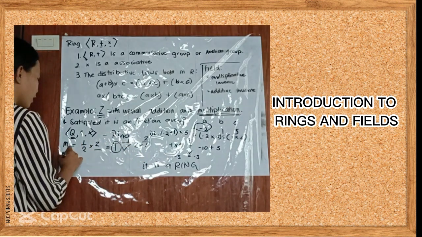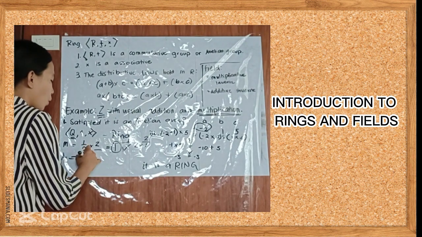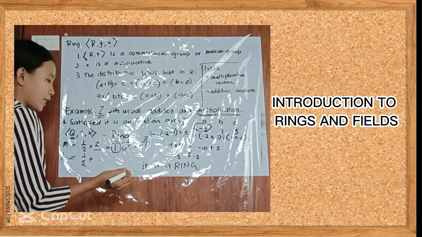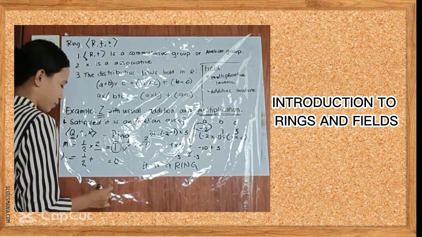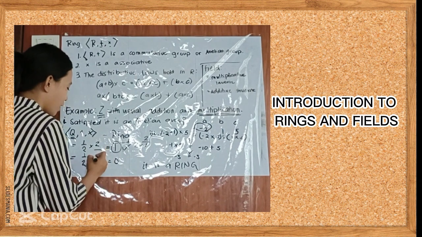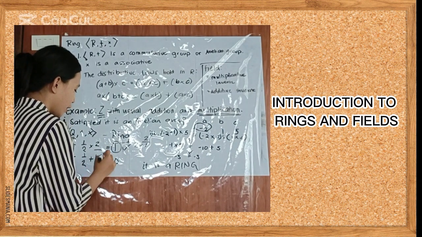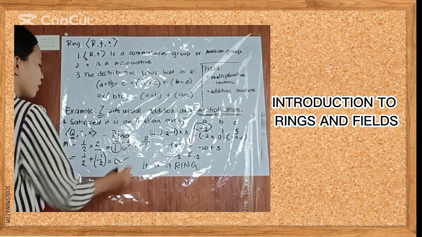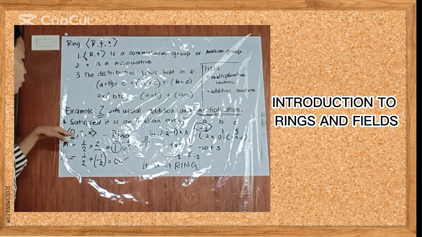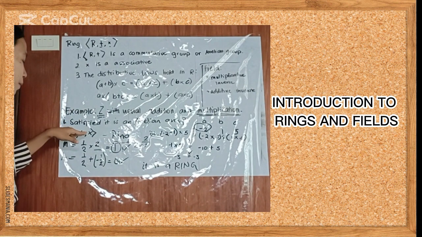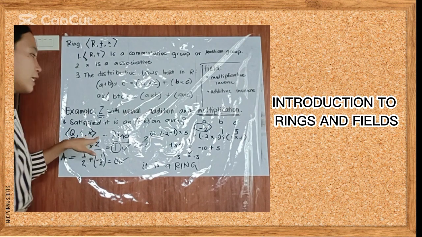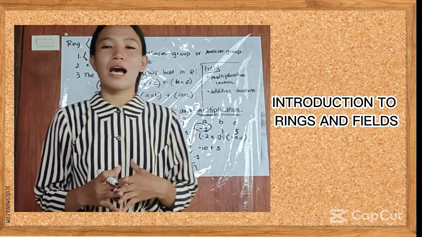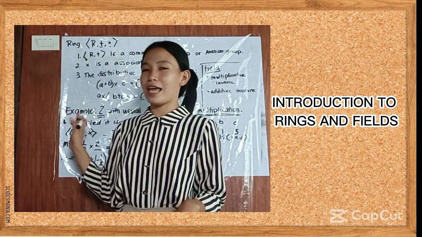Next, let's try if it has an additive inverse. What do we add to 1/2 so that we can get 0? It is negative 1/2. So 1/2 plus negative 1/2 is 0. Therefore, Q, the rational numbers under addition and multiplication, is a ring and also a field. That is our lesson for the day: the ring and the field.